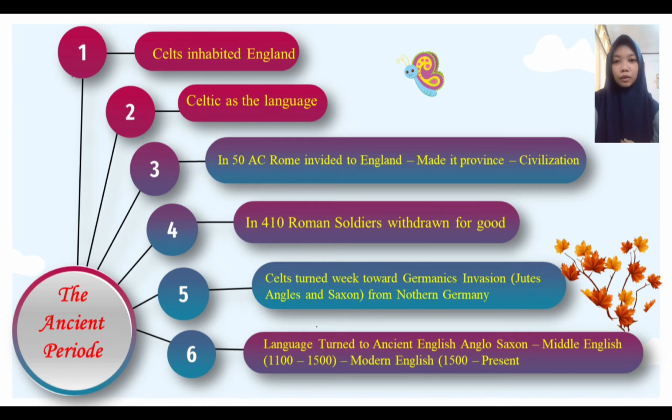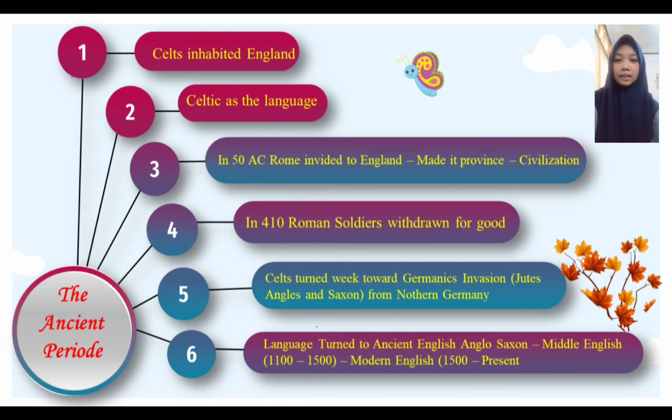The next is number five, the Celts turned west towards Germanic invasions: Jutes, Angles, and Saxons from northern Germany. The Celts who used to be protected by the Roman army were now unable to defend themselves against the Germanics.